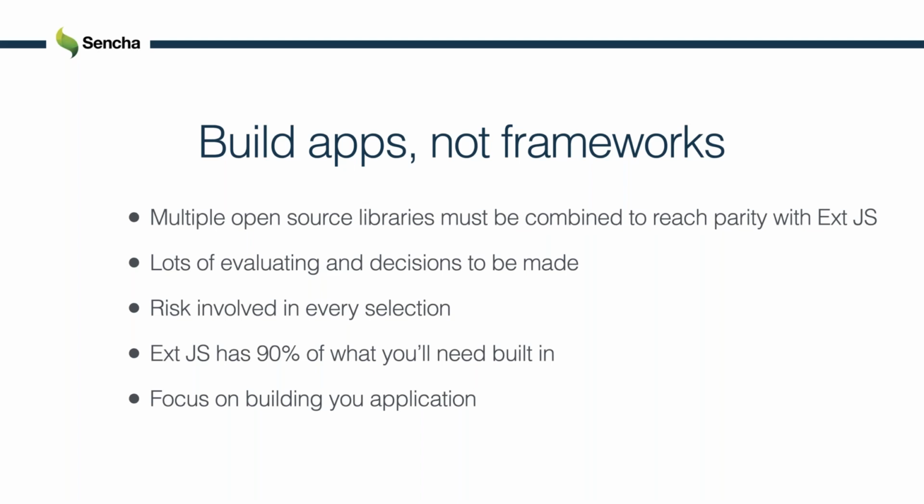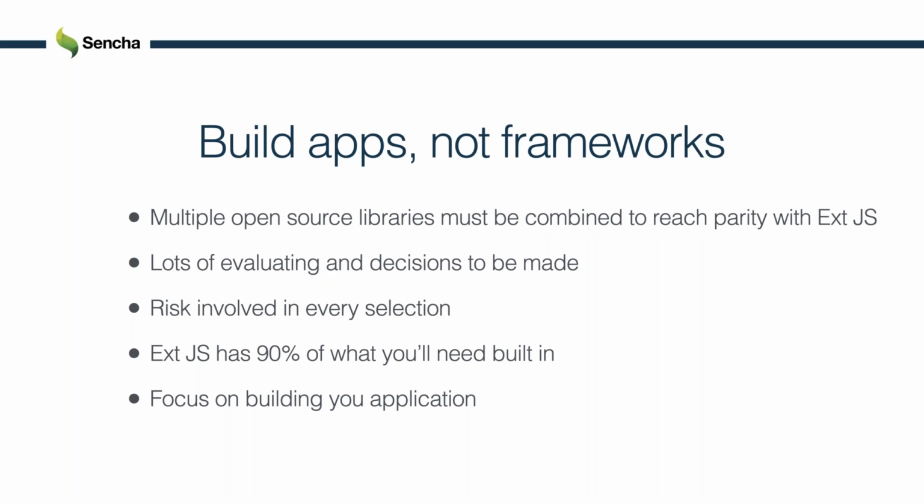So ExtJS has 90% or more of what you need to build a complete enterprise level application from start to finish. There might be wee bits and bobs here and there that you need to bring in third-party libraries for, but generally speaking, you're going to get 90% of the way there with what ExtJS has built in.